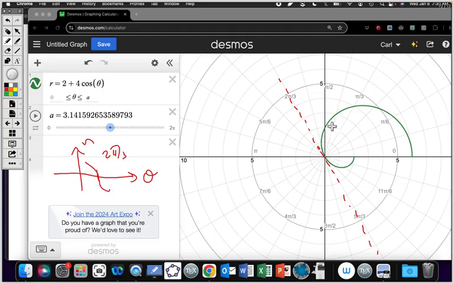Okay, so here's the r is positive, and then it follows that angle through the origin, right? R equals 0 is the origin. It follows it through and graphs over here, okay? So instead of graphing over here, this would be theta equals 2 pi over 3.